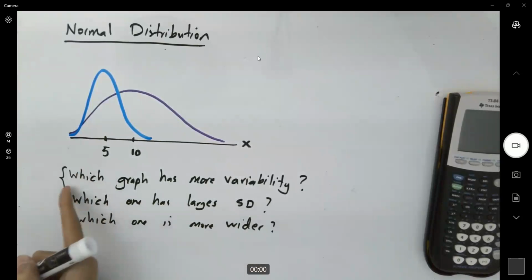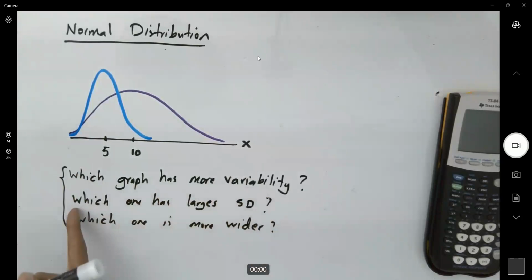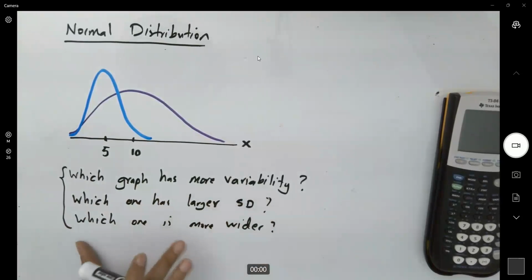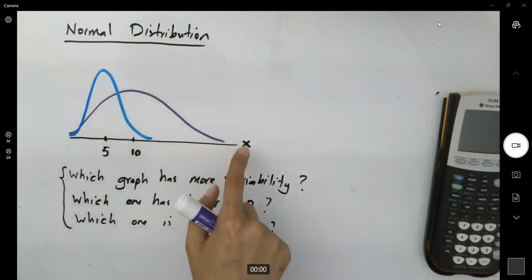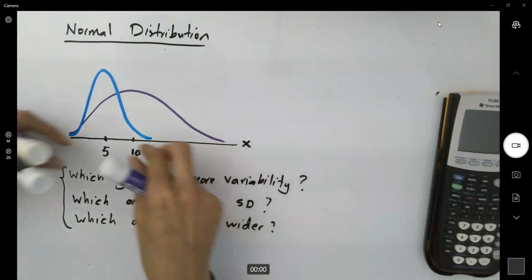So if you read the question, which graph has more variability? It means which one has a larger standard deviation, or which one is wider? As you can see, the purple graph has more variability. Why is that? Because it's wider.